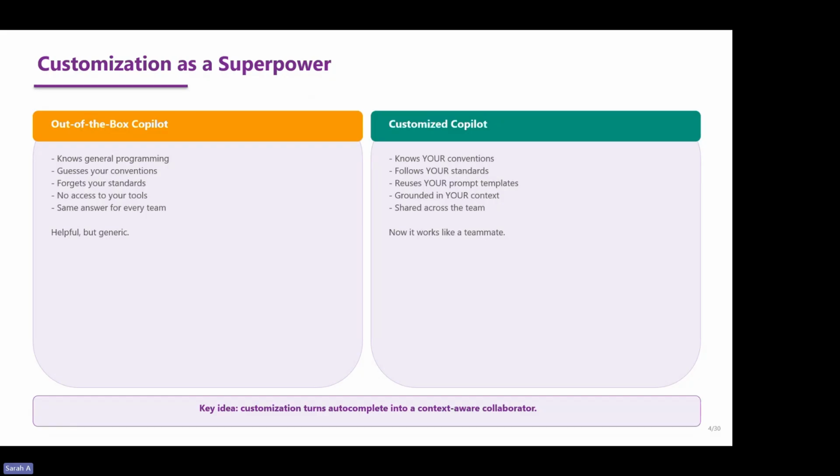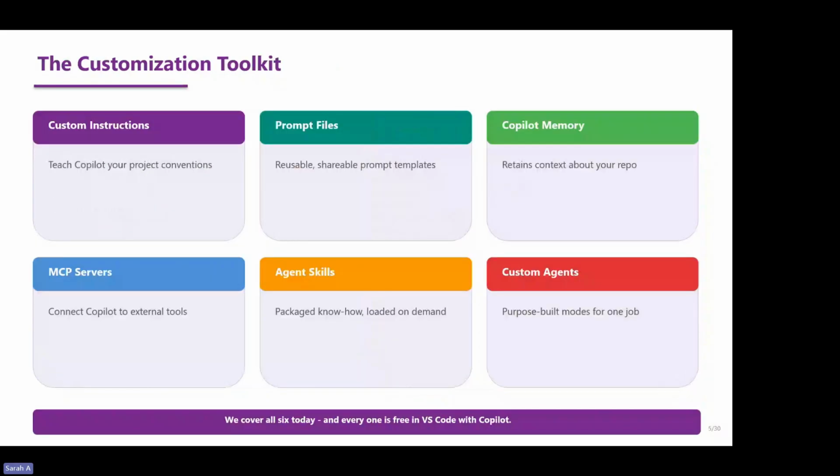Customization comes with different toolkits. We have 6 features that I want to talk about. We have custom instructions, and I'm going to show what it looks like. Then I'm going to talk about prompt files, Copilot's memory, and MCP servers, and we're going to spend a demo on MCP servers, how we can connect Copilot to an external tool.